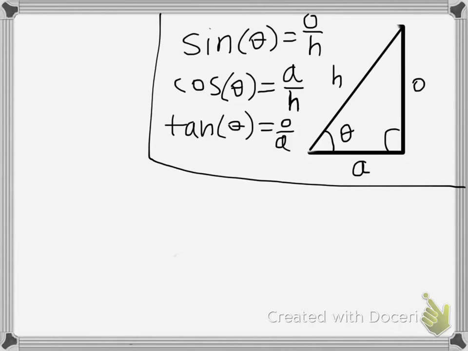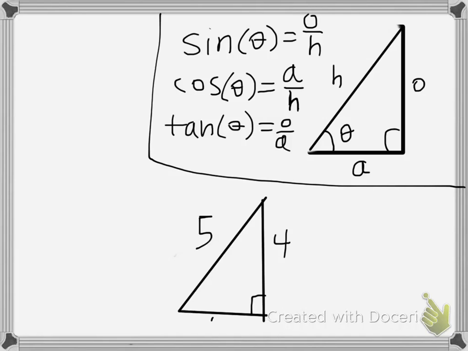So what I'm going to do is an example. Let's say we have a right triangle, and this side is 3, this side is 4, and this side is 5, and this is the angle theta, and we're asked to find the 3 basic trig ratios.